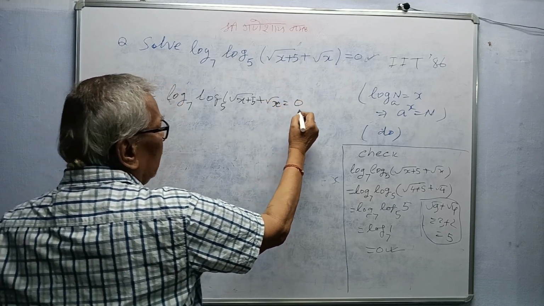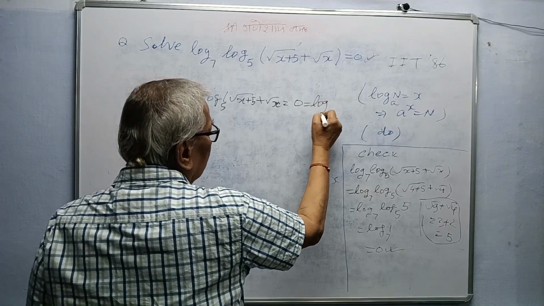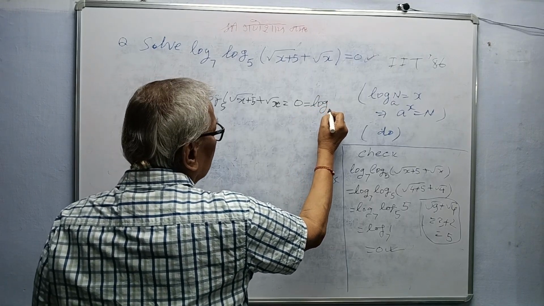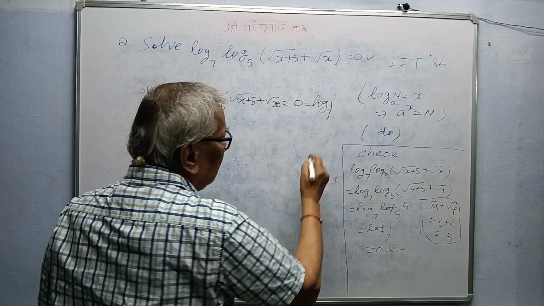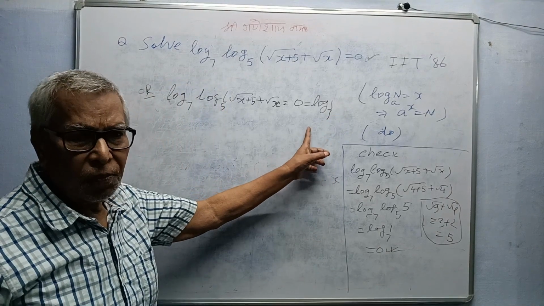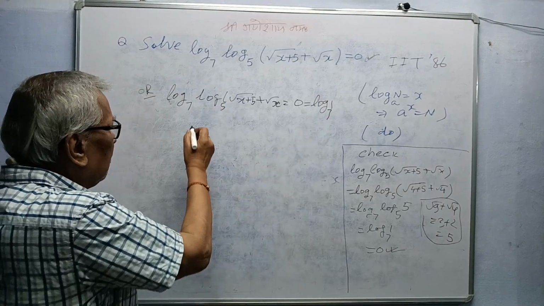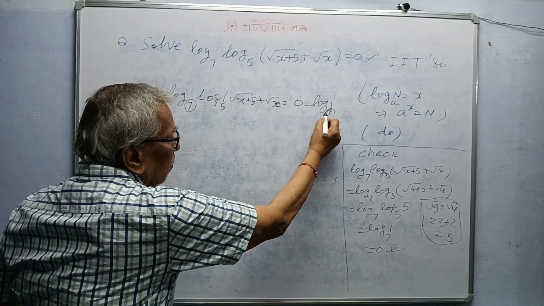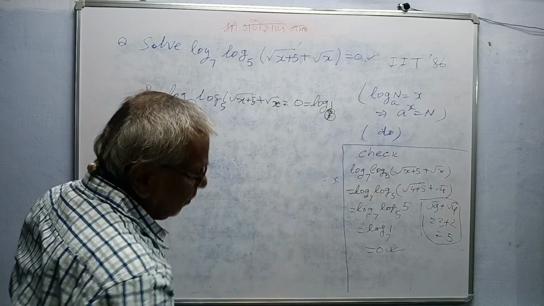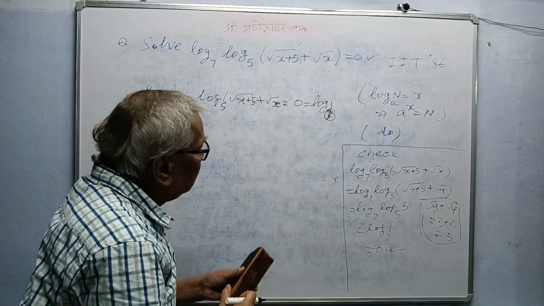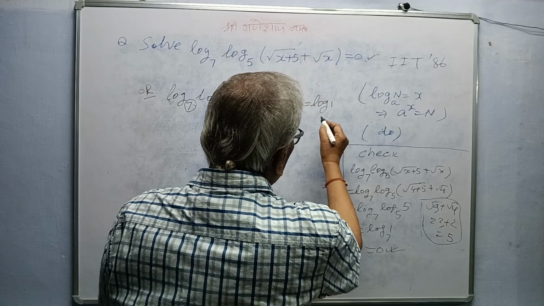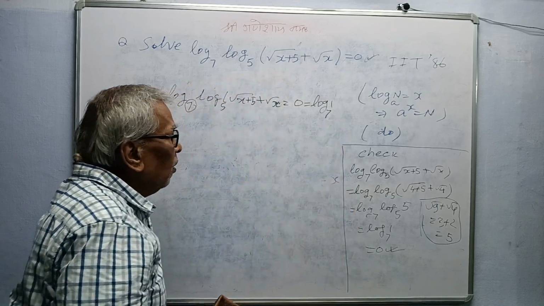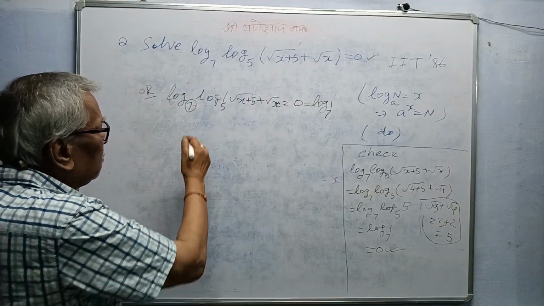This 0 we can write as log 1 to the base 7, since log 1 is 0. So we can write it according to this.